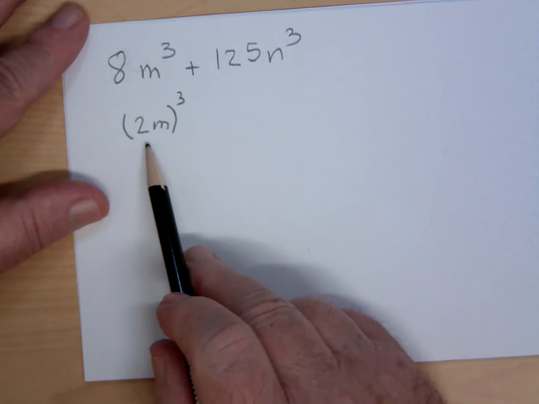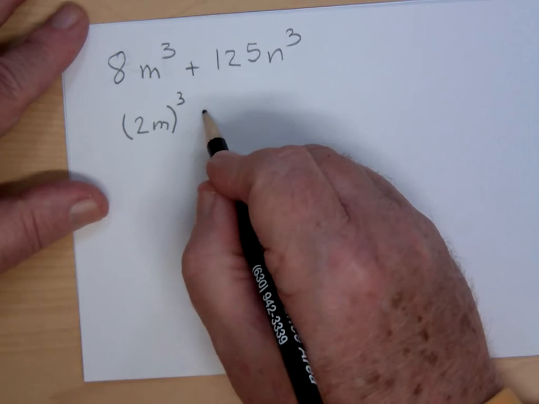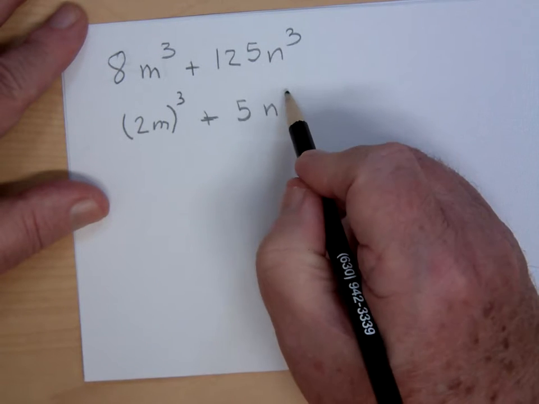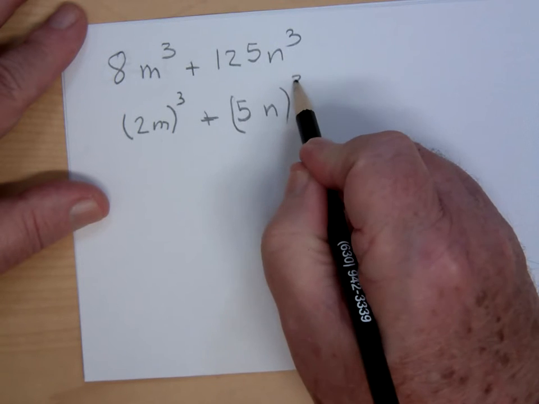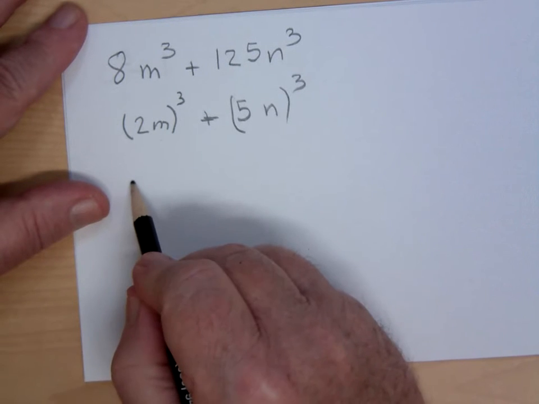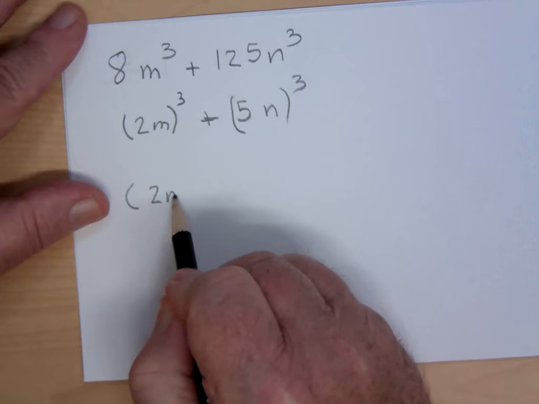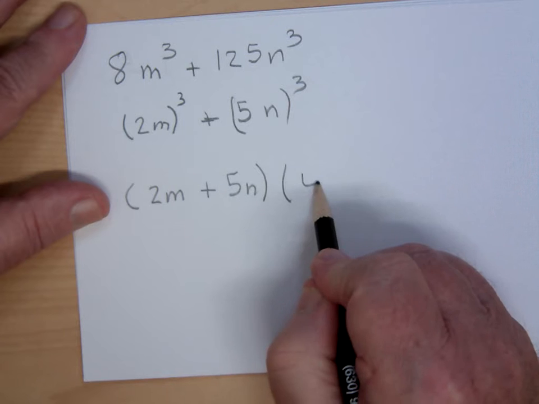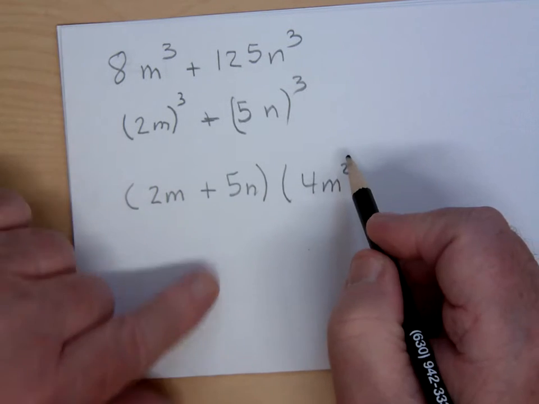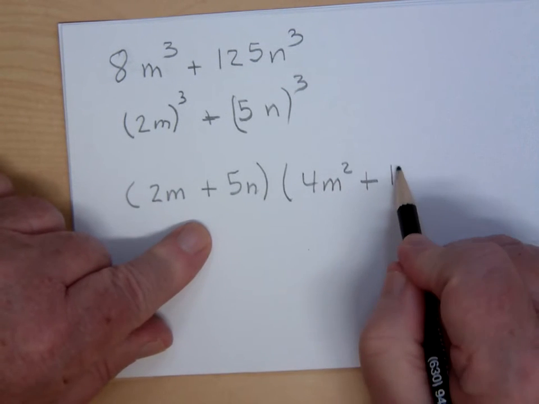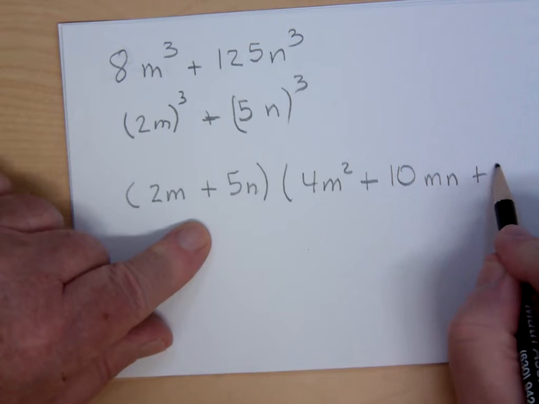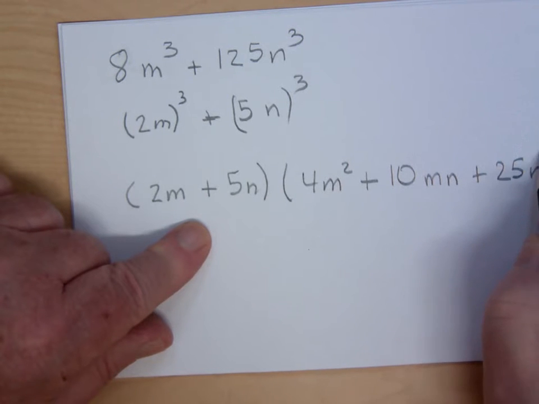8m cubed is 2m whole cubed plus 5n whole cubed. So that means this is going to be a plus b times a squared, and then plus 10mn, because it's the product of those two, and then plus 25n squared.